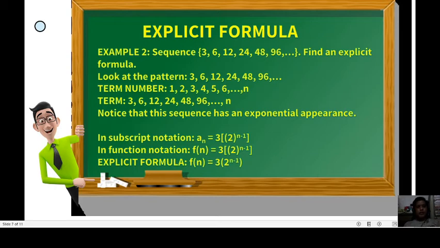So that is the subscript notation. In function notation, we have f of n equals 3 times 2 raised to the n minus 1. Our explicit formula from the given sequence is 3 times 2 raised to the n minus 1.